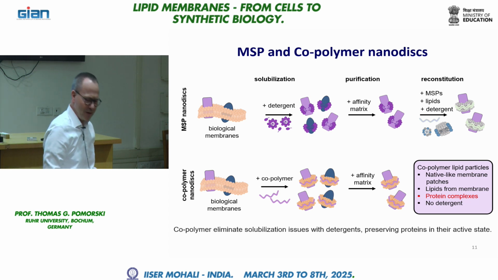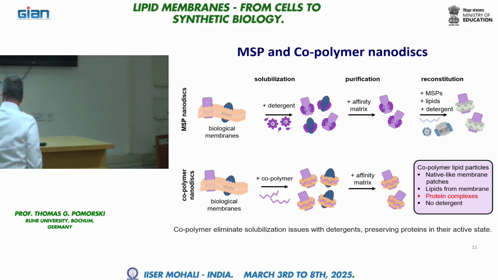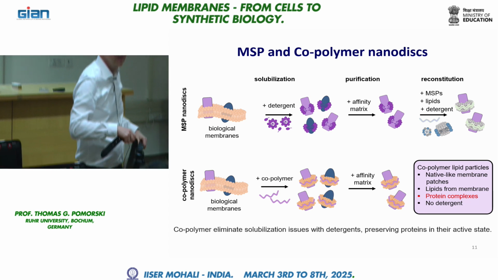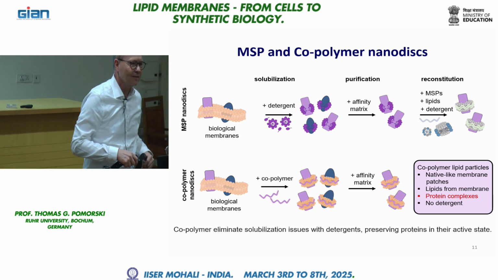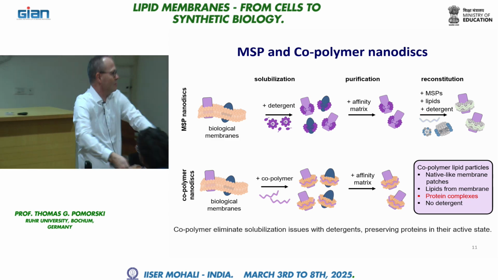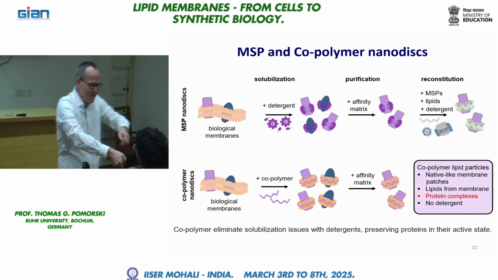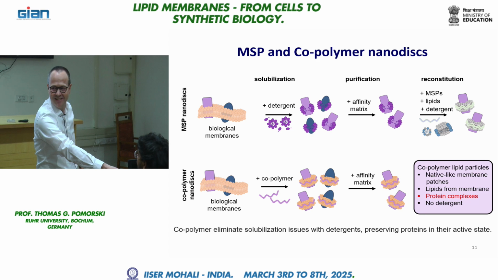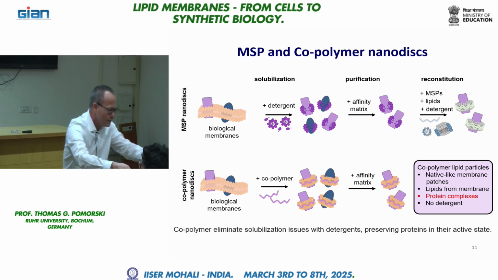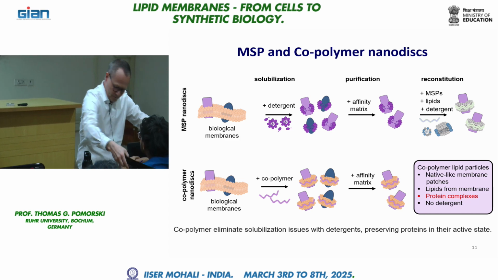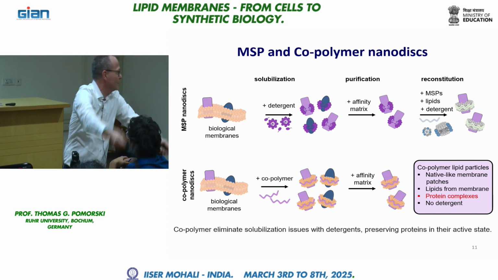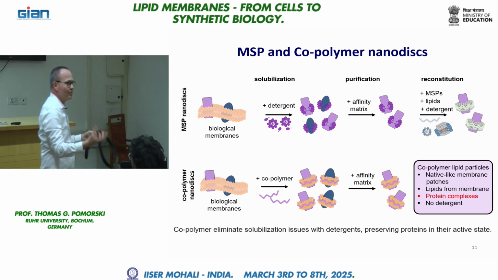Would it not be fantastic if I would have something like this knife, and you are sitting here in this membrane, you as a protein, and I cut this guy out and take him out without detergent. I have not added detergent. What would I take eventually with him? Some lipids. I would cut him out with lipids. Would this not be fantastic?